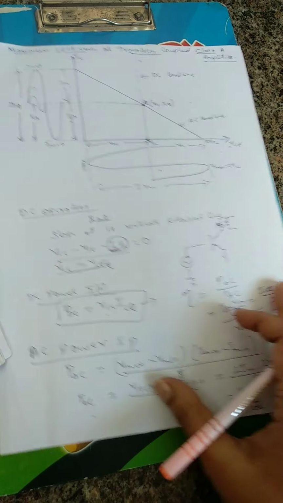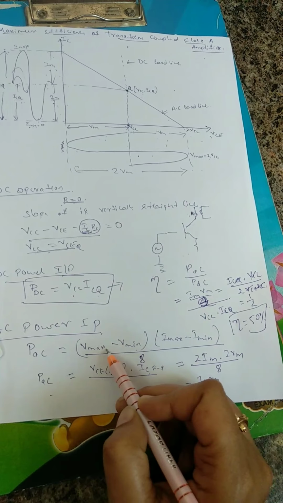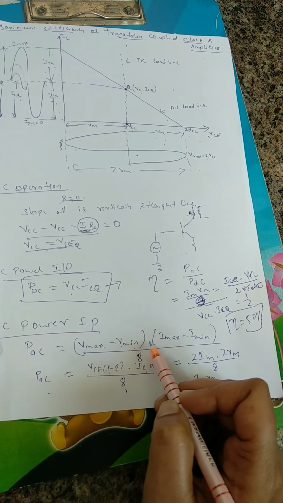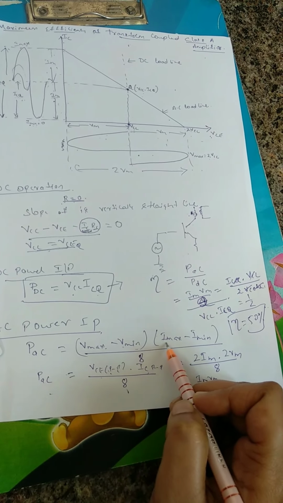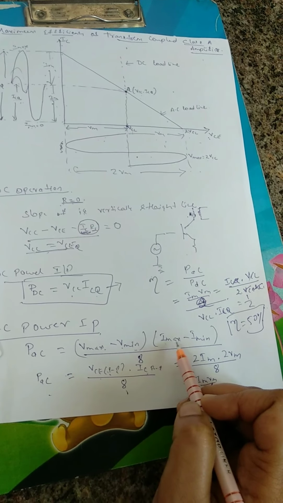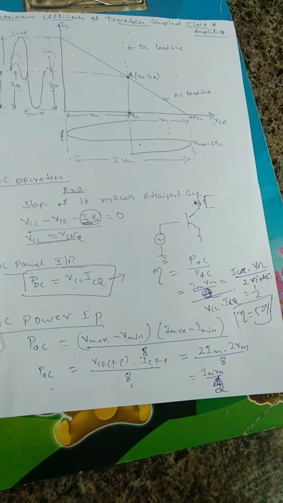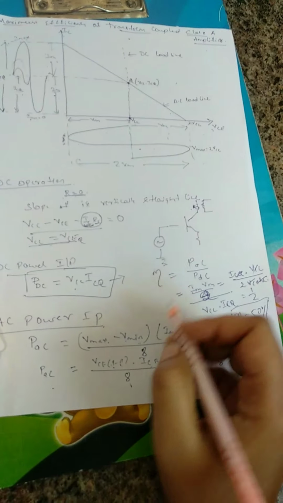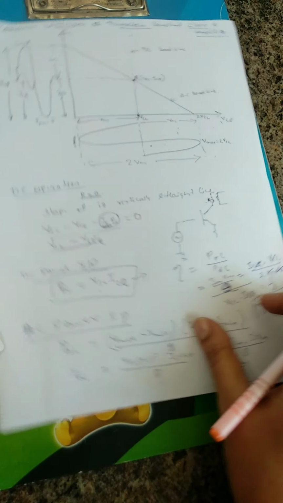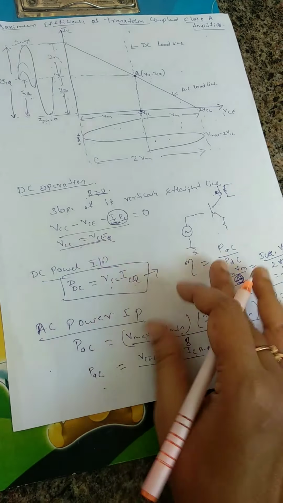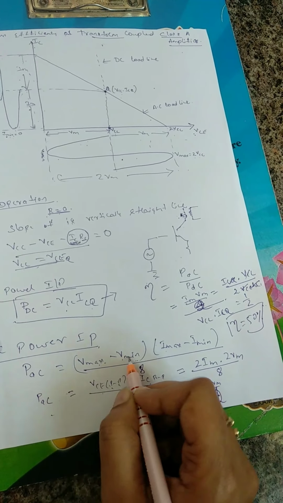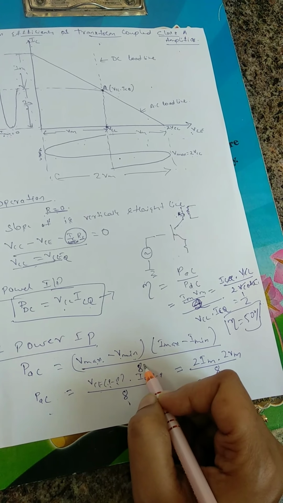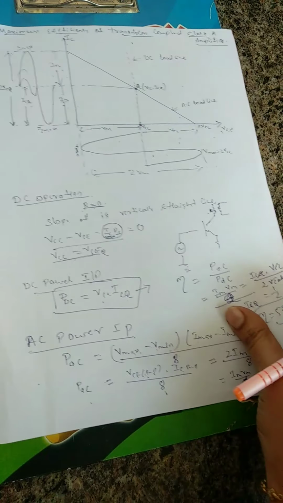PAC is equal to Vmax minus Vmin, times Imax minus Imin, divided by 8. And PDC is VCC into ICQ.